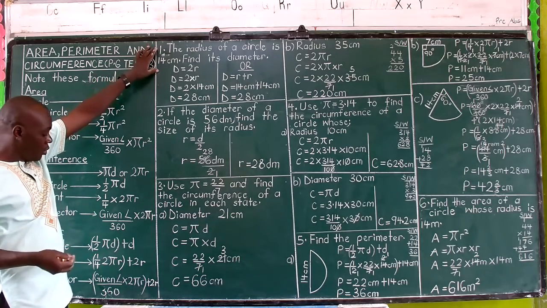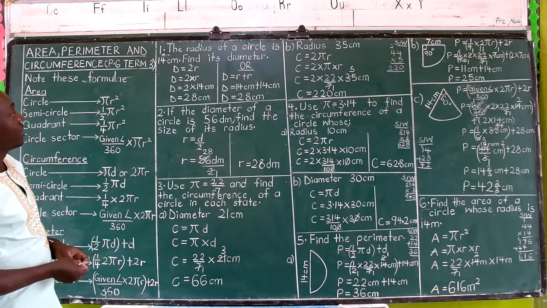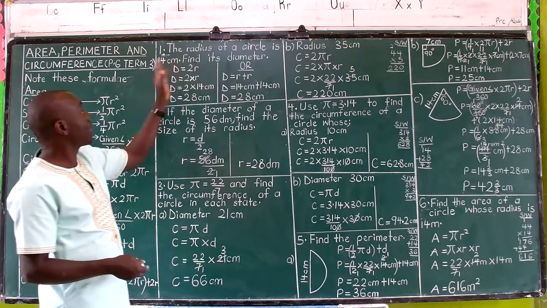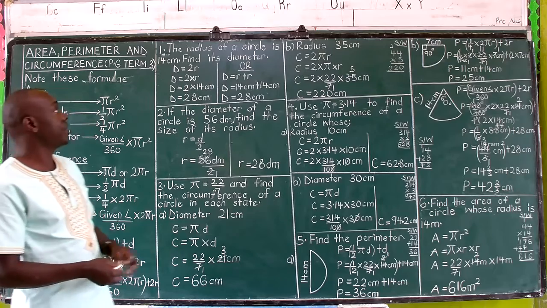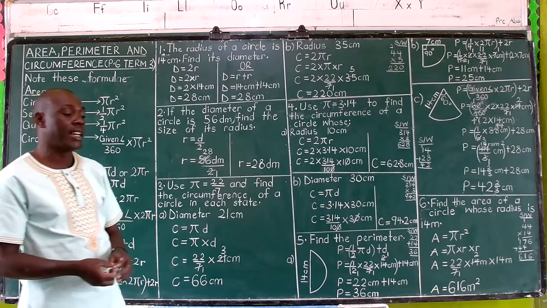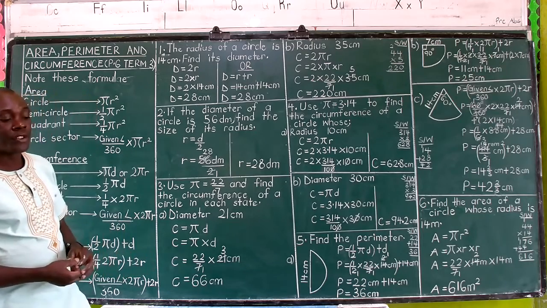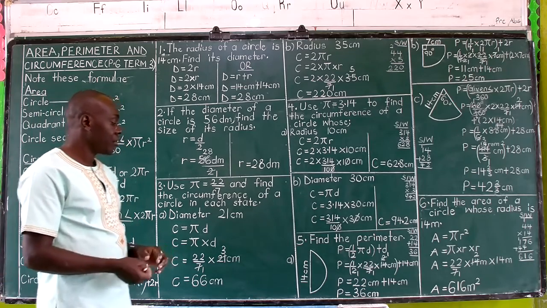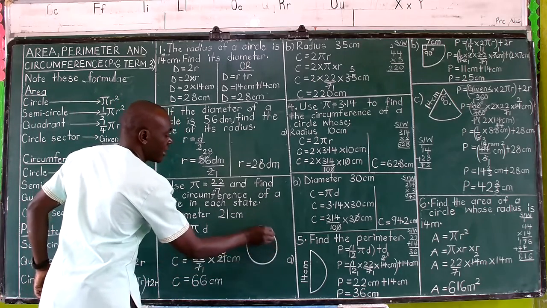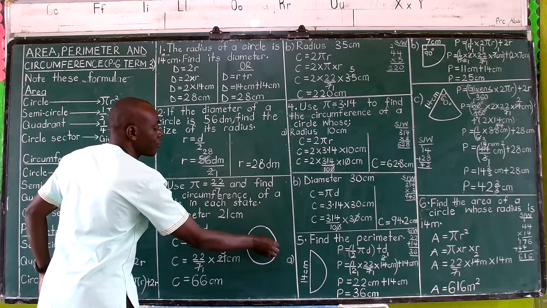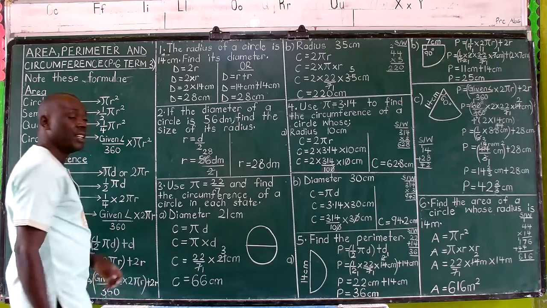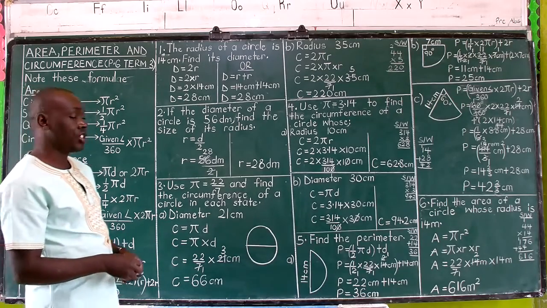So, example number 1. The radius of a circle is 14 centimeters. Find its diameter. So we normally start from known to unknown. If you have got a circle like this, a line drawn from the circumference via the center to the circumference is what is termed as diameter.